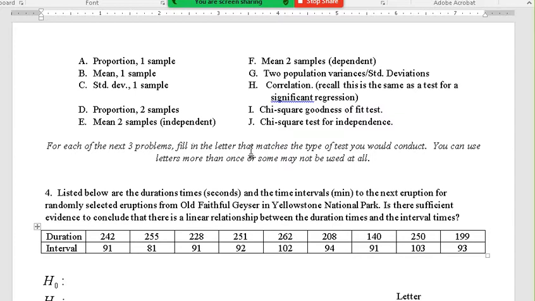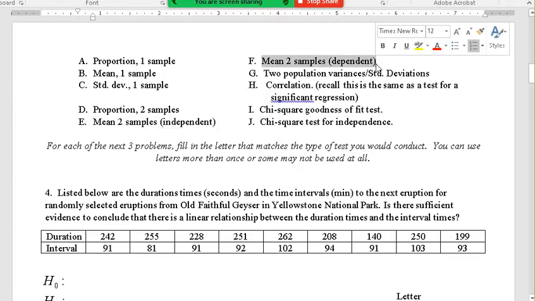But which two letters could satisfy this? We need to think a little bit further. E, good. Mean, two samples, independent. And what else? F. So basically we have to decide, are these dependent or independent?